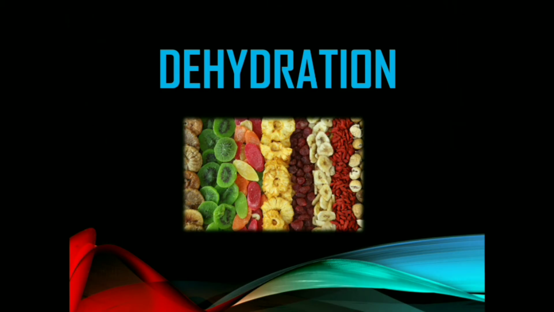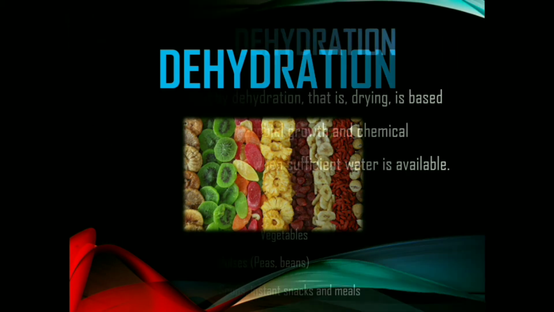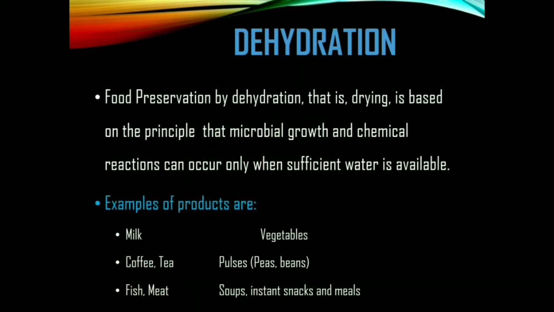Good. Now, the next method of preservation is dehydration. Food preservation by dehydration, that is, drying, is based on the principle that microbial growth and chemical reactions can occur only when sufficient water is available. Examples of products are milk.